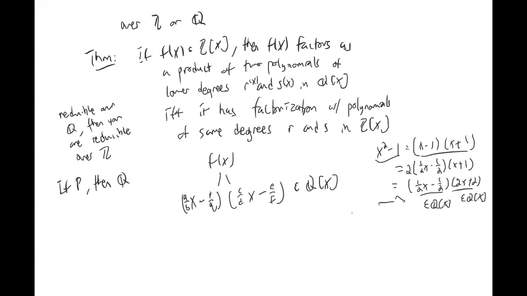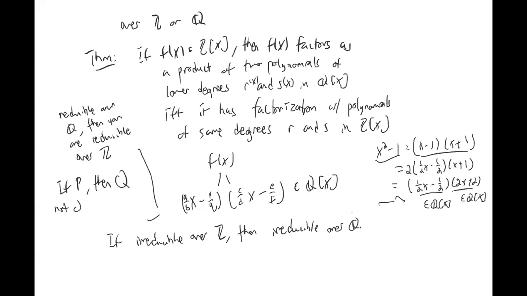Sorry, this is not the Q, it's normal Q. Basically the contrapositive is what we care about, because we say if irreducible over Z, then irreducible over Q, because the contrapositive is: if not Q, then not P. Everyone remember what the contrapositive is?